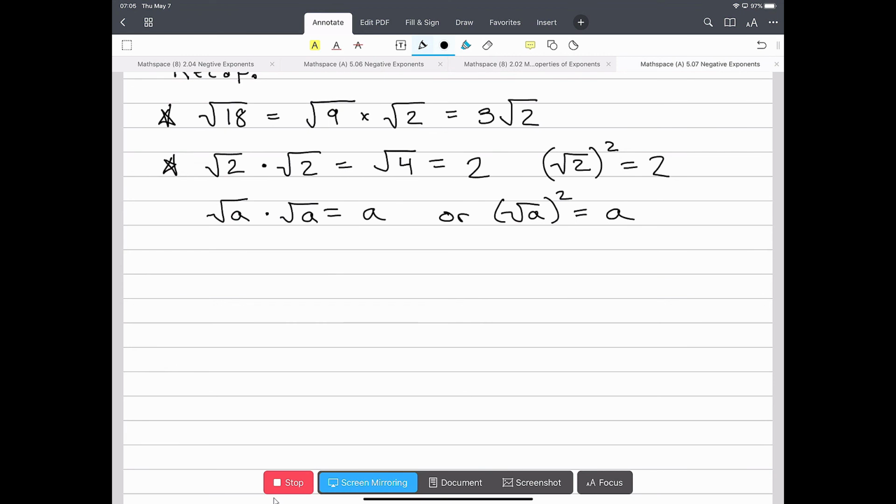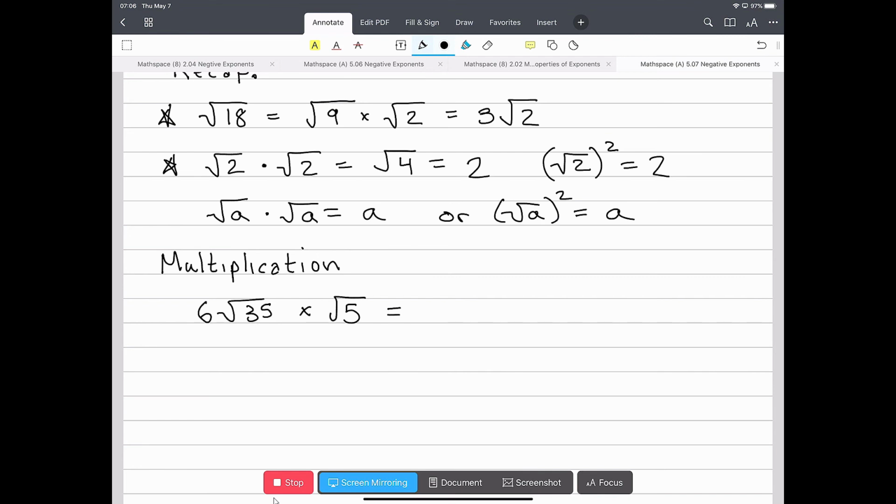So the first operation we'll review is multiplication. I'm going to start with 6 square roots of 35 multiplied by the square root of 5. So in this problem, I don't see any perfect squares. I can't even think of any perfect squares that are factors of 35.